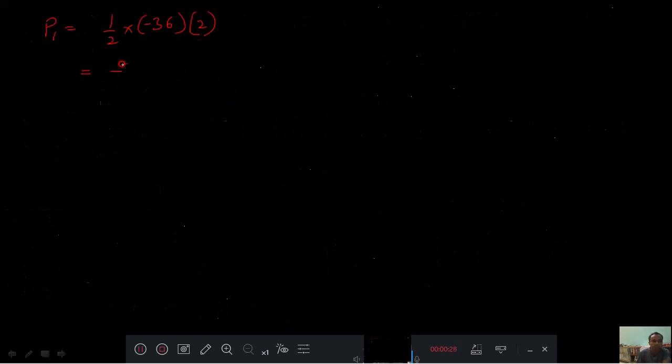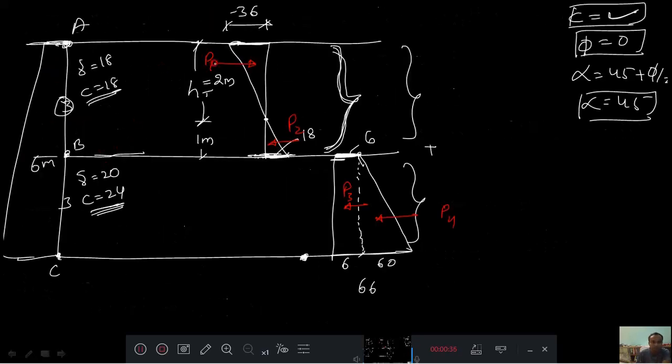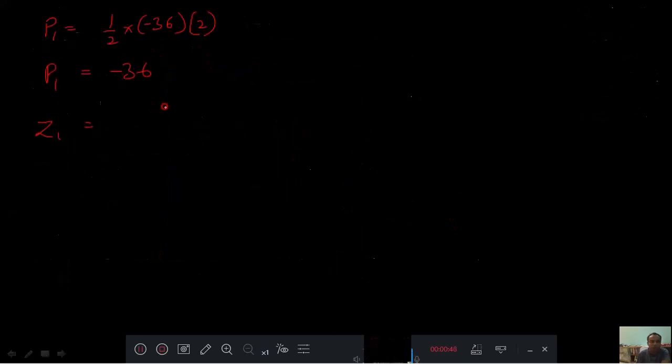Therefore minus 36 is p1, and z1 is equal to what? Z1 is from this height to this height. That is one third of 2 meter and 6 meter. Therefore it is 6 minus one third of 2 meter, that is 2/3. 6 minus answer, that is 5.33. p1 is over.